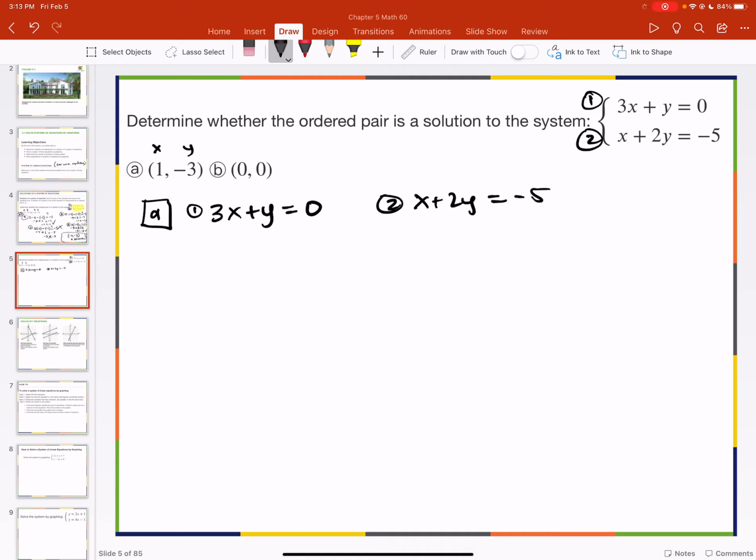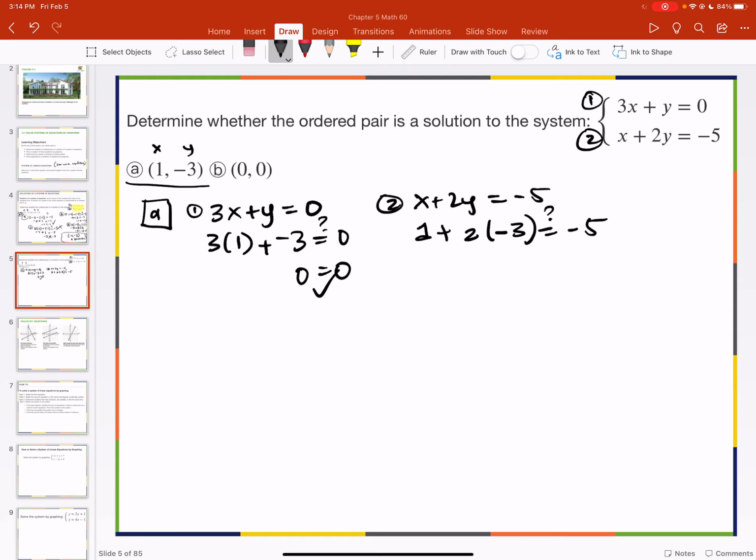So we're plugging it in. First we're doing A. So 3 times 1 plus -3, is that equal to 0? Well, 3 minus 3 is equal to 0. So 0 is equal to 0. Okay, that works for the first equation, so let's try the second equation. x is 1 plus 2 times y is -3, and is that equal to -5?